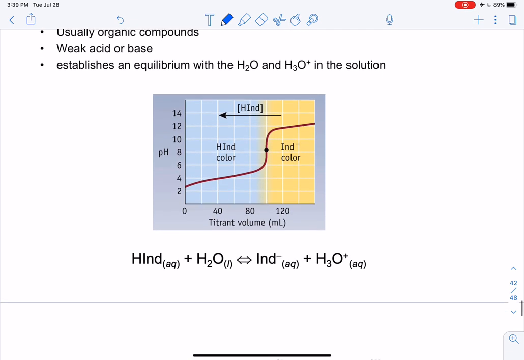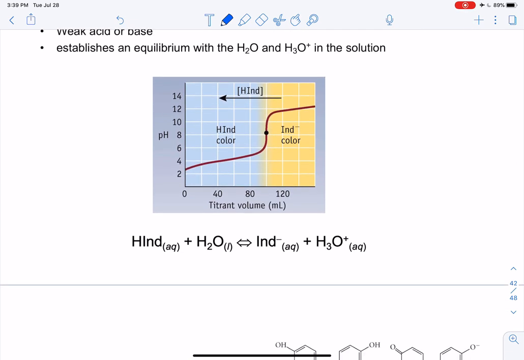And if we look at the picture below, we can see that we have HInd right here, which is indicating that this is an acid. Now, this is a weak acid, so it is in equilibrium with its conjugate base over here. So this is the conjugate base of HInd.